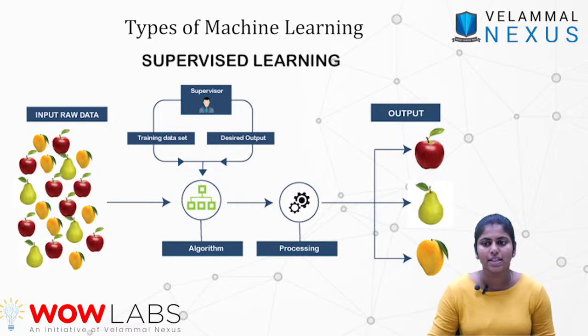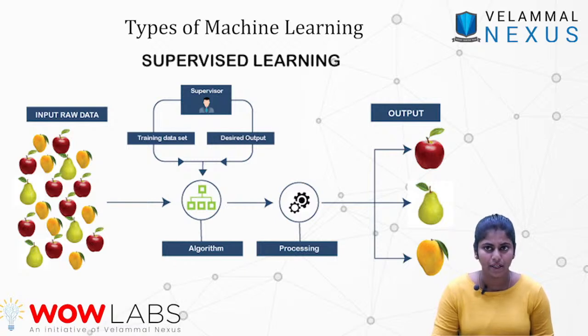The raw data is divided into two parts. The first part is for training the algorithm, and the other part is used to test the trained algorithm. Supervised learning uses the data patterns to predict the values of additional data. This method is commonly used in applications where historical data predict likely upcoming events.